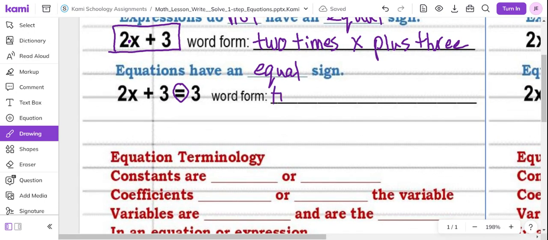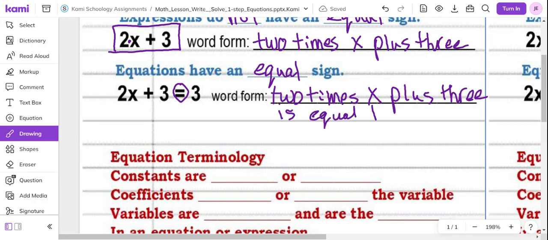So we have 2 times x plus 3 is equal to 3. So just noticing the difference between expressions and equations, where there's a comparison being made within the equation.